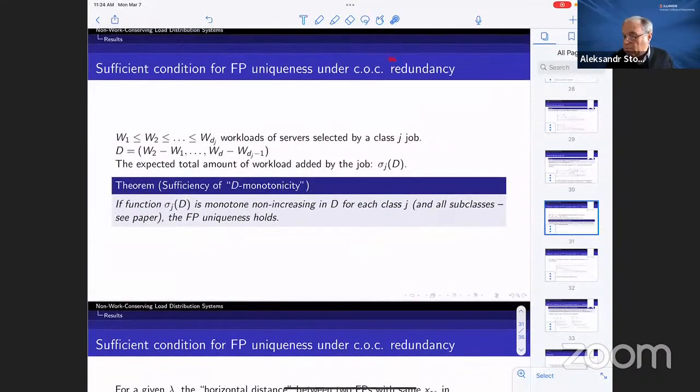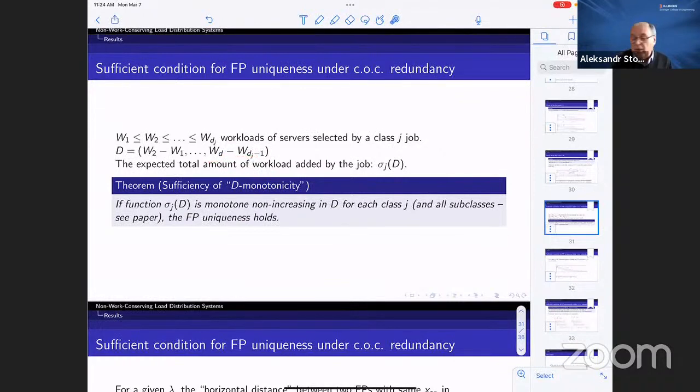Now let's talk about using it for cancel completion redundancy. This condition holds for cancel completion redundancy if you have this kind of monotonicity, call it demonotonicity. Suppose these are the workloads of the selection set, and we order them. D will be the vector of differences, so this is the distance from W1 to W2 and so on, up to the distance from W(D-1) to WD.